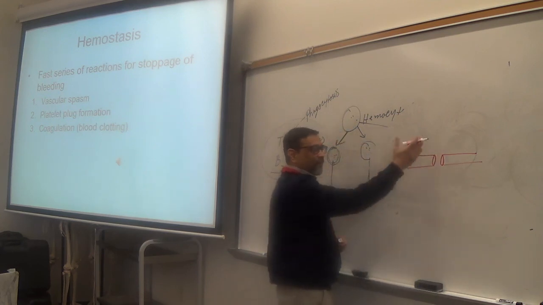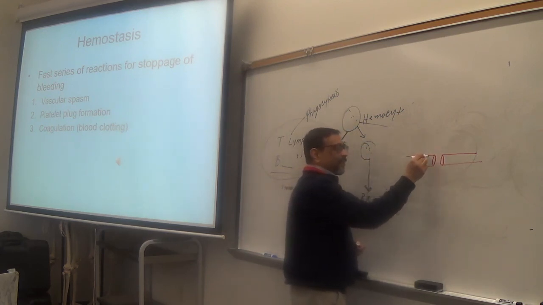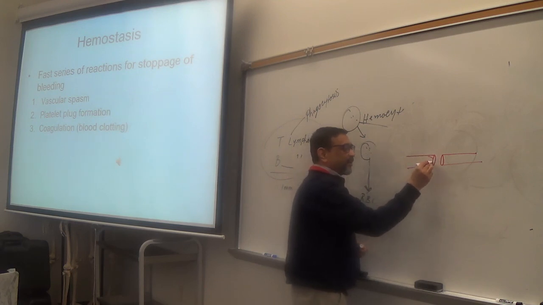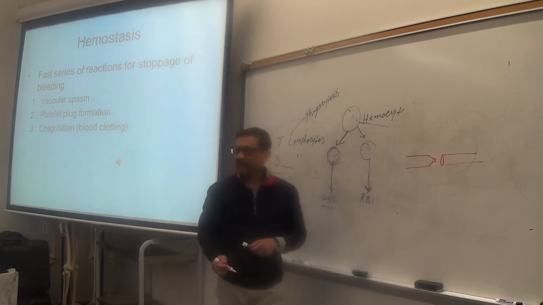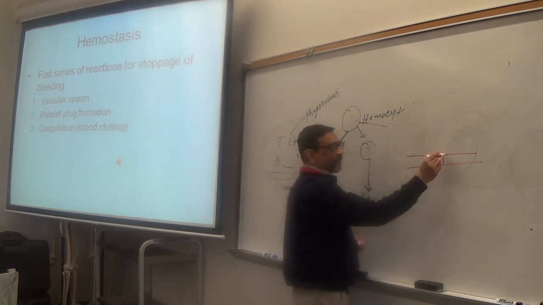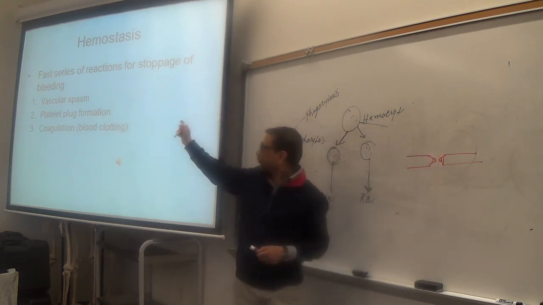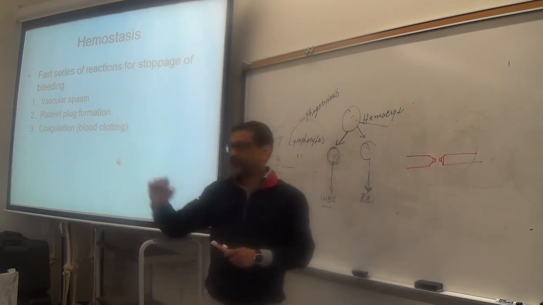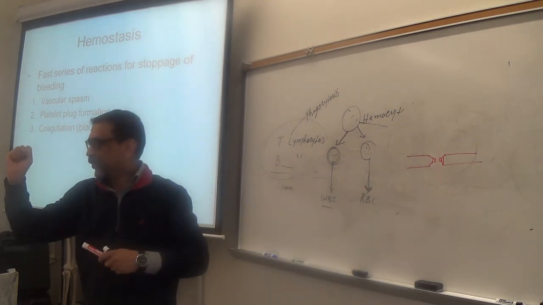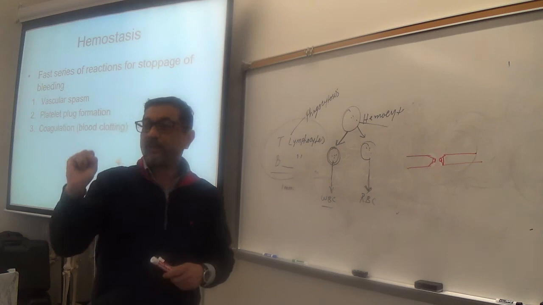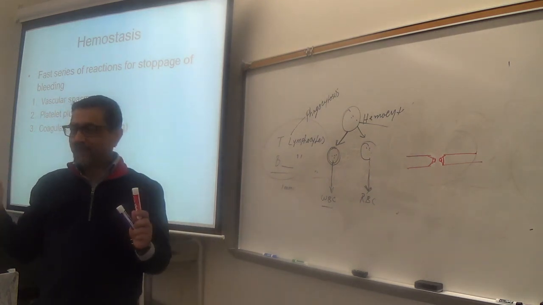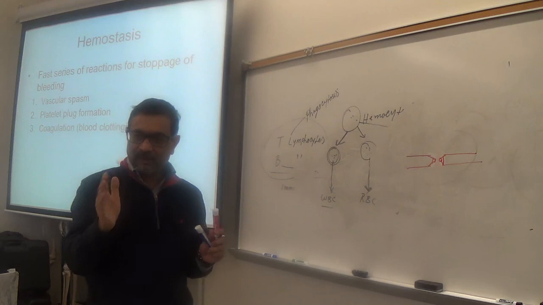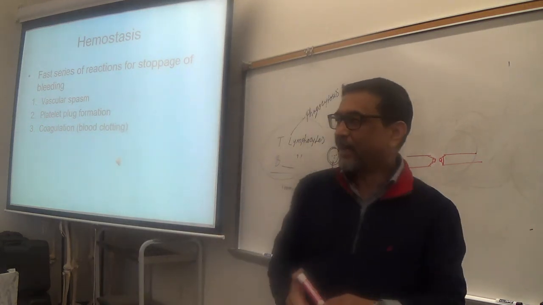When you get a cut, immediately constriction occurs. The lumen gets smaller. Make sense? That is called the first step, vascular spasm. When you get a cut, it squeezes. That will reduce the blood loss, right? When the lumen gets narrow, that will reduce the blood loss.